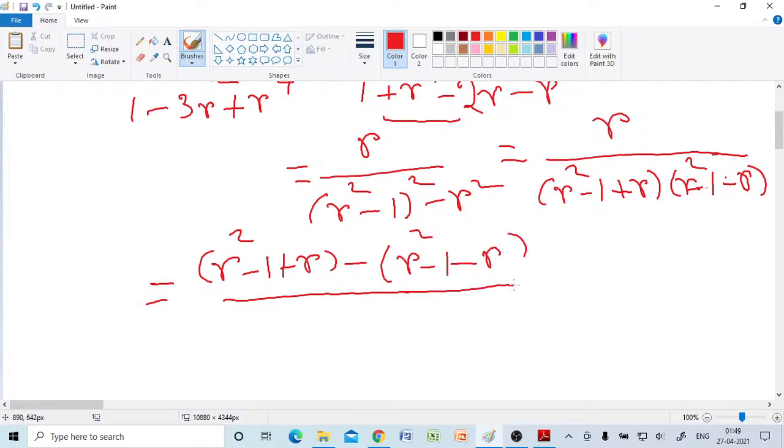Note that we are getting 2r in the numerator. So we can basically divide it by 2, and we will see that this is r square minus 1 plus r times r square minus 1 minus r.